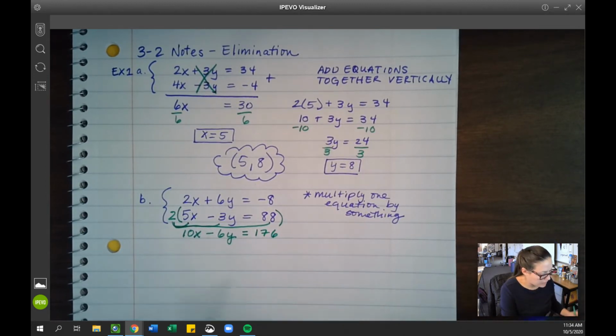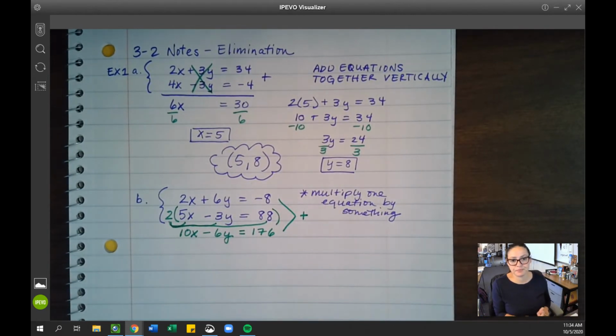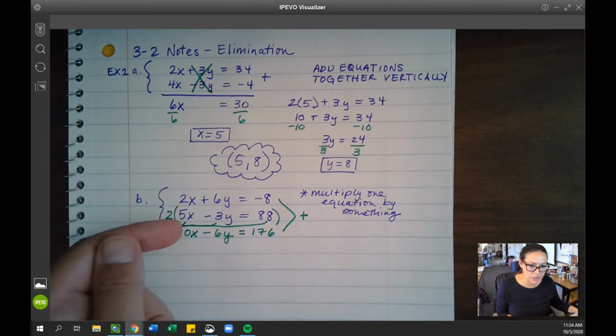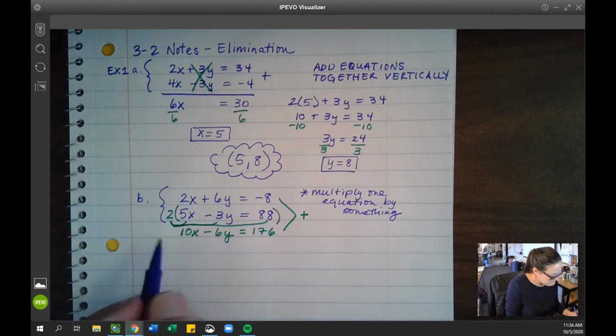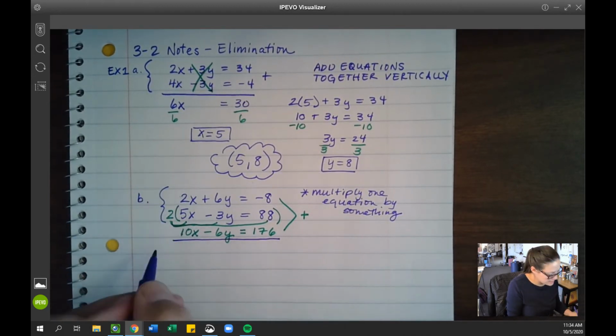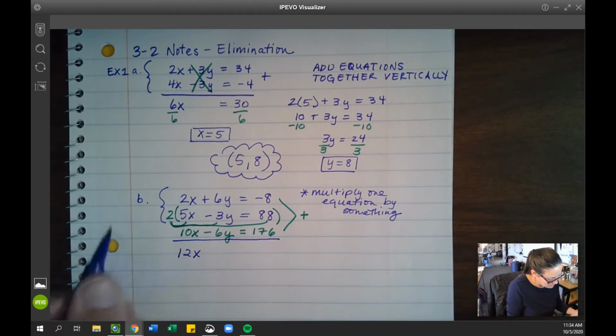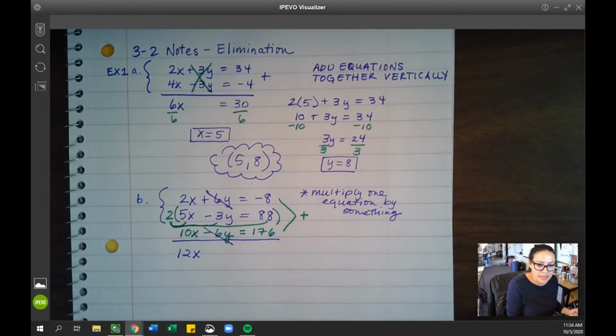And now I'm going to add these two equations together. So the original first one and the new version of my second equation. And when I do that, 2x and 10x gives me 12x. 6y and negative 6y eliminates, which is what we wanted.